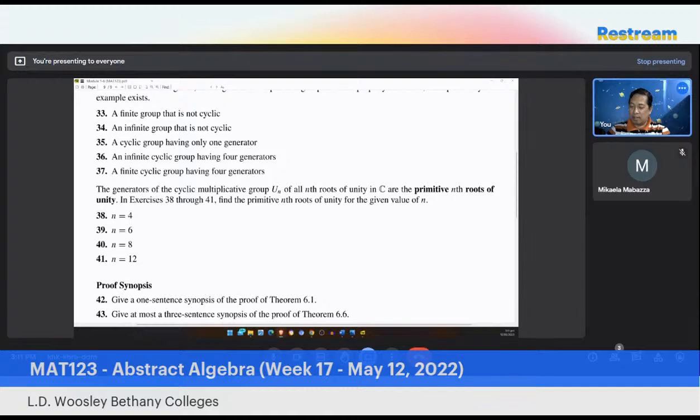Ayan. So, how about n is equal to 6. Hatiin mo naman, imagine mo, hatiin mo yung buong complex plane sa 6. Ano-ano yung mga angles na ma-generate mo dyan, Michaela?